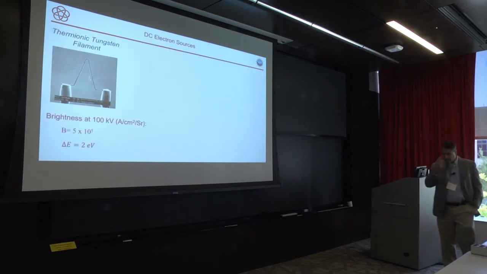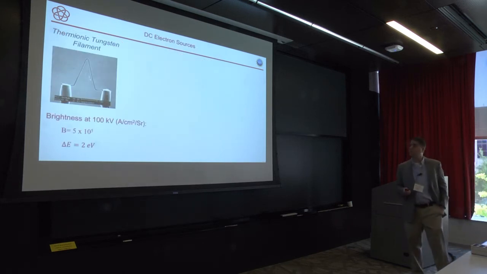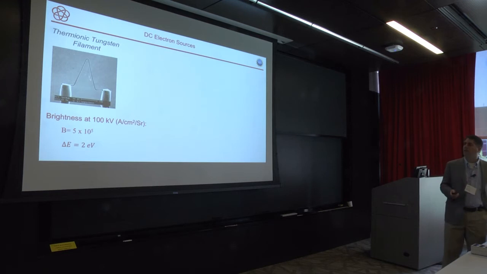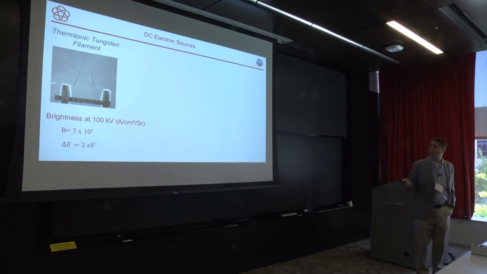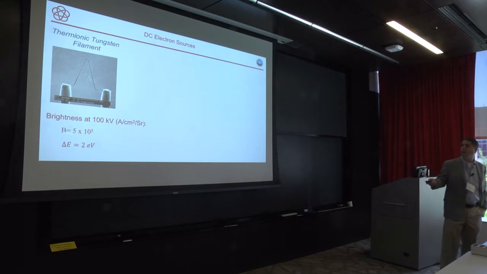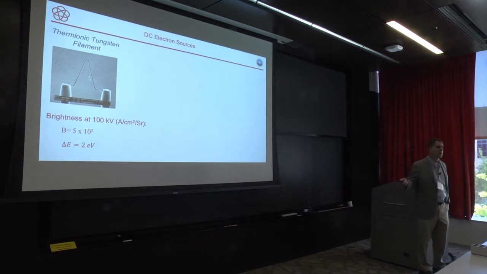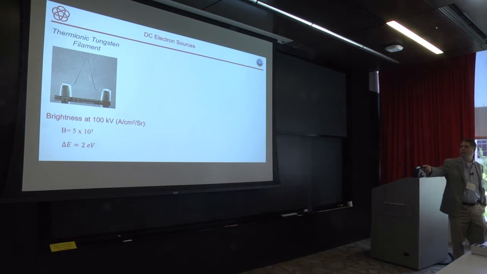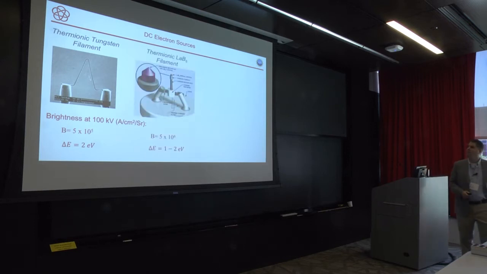So what do these DC sources look like? Because they look very, very different to the photocathodes. The simplest source is basically a hairpin filament from a light bulb. That is very low brightness, and by low brightness, I mean probably brighter than a third generation synchrotron. These things are about $20 each, and you can pick up a microscope like this for free. People throw them out.